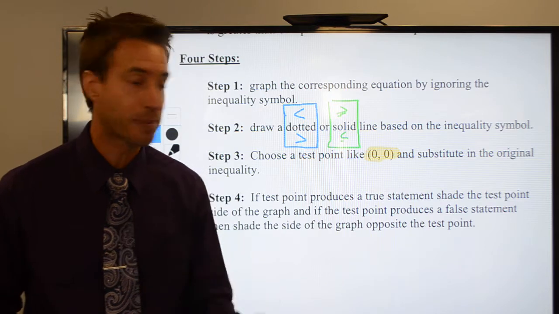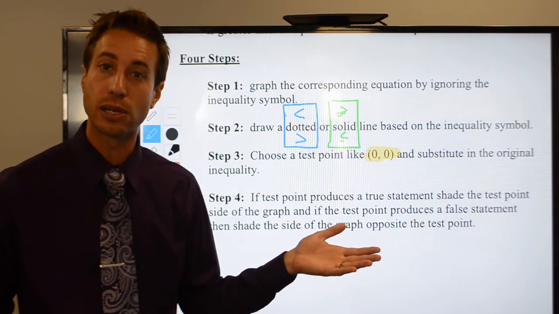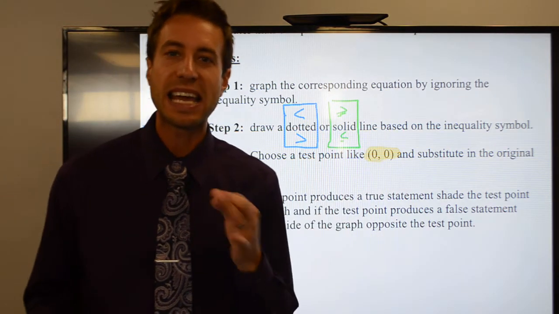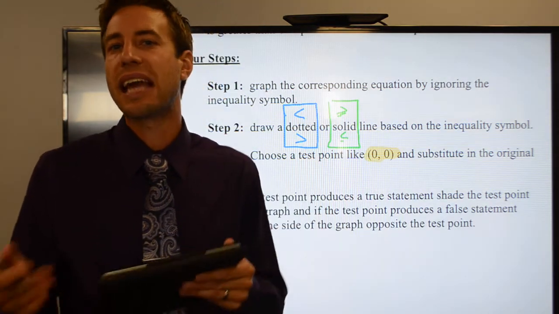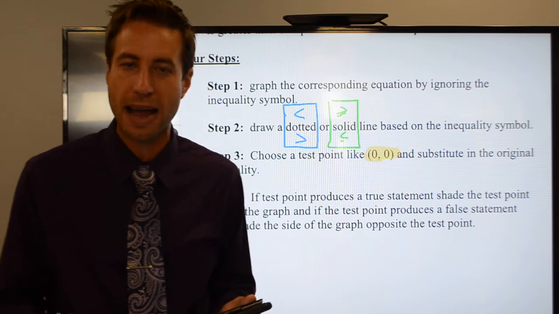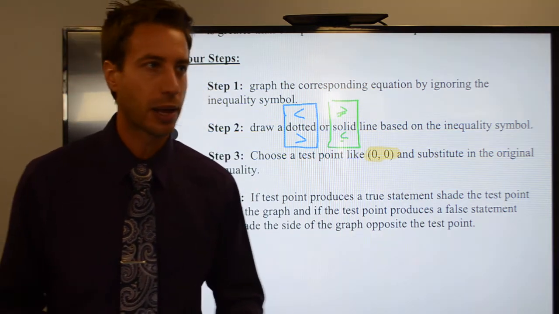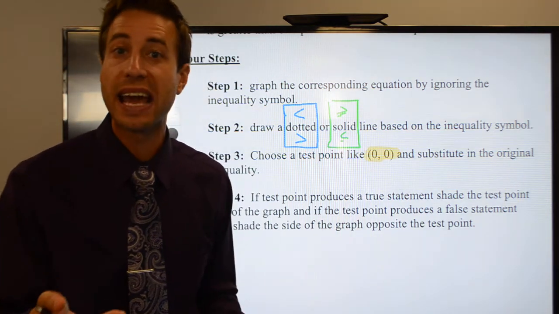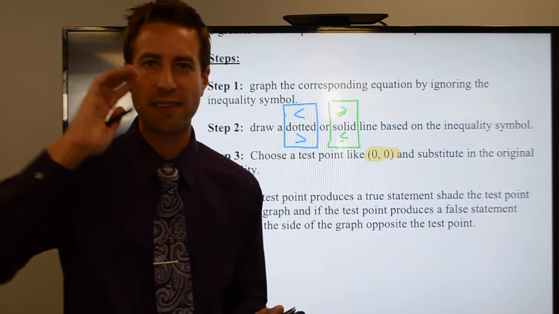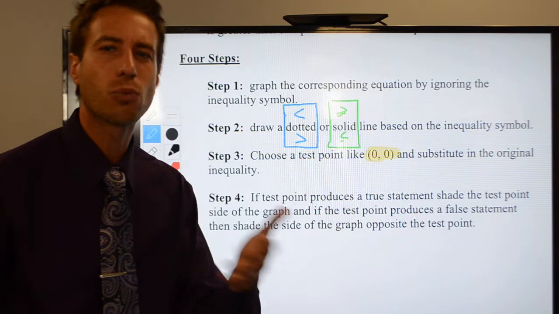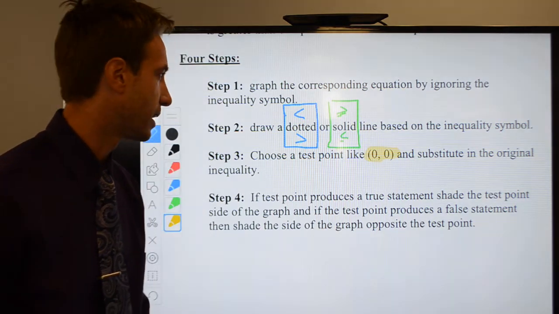So 99% of the time, you're going to use 0, 0 as your test point. But if your line does go through the point 0, 0, just pick something else that's really easy to do math with that your line doesn't go through, like maybe 2, 2, or you could do -1, -1. Something like that, just a real easy point. It doesn't have to be anything crazy. Work smarter, not harder. Pick something easy.